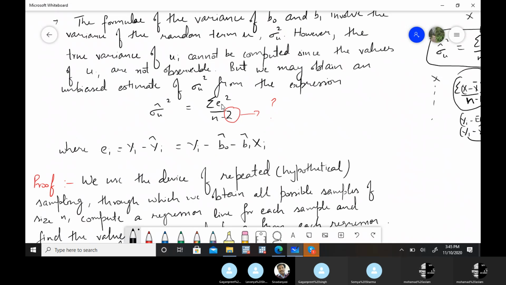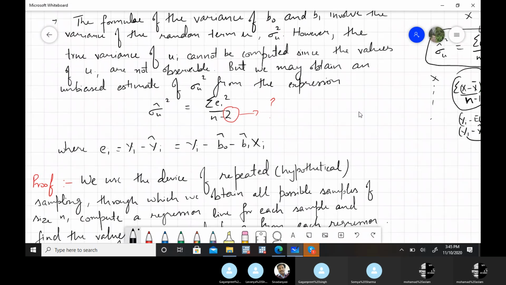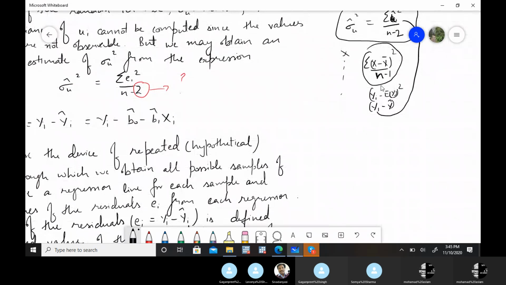This residual term is yi minus expected y. In descriptive statistics, you can understand it as x minus x mean, like y minus expected value of y. That's the same thing, only here it's in probability terms.